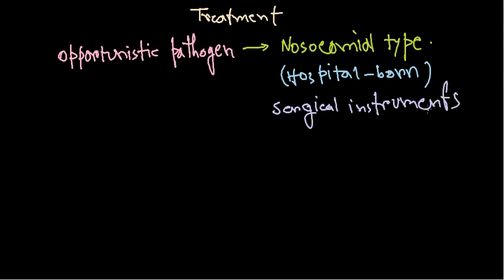Contaminated surgical instruments can carry Pseudomonas aeruginosa as a pathogen, which can cause infections there, right? So the processing of the surgical instruments after each operation in the operation theater is very important.